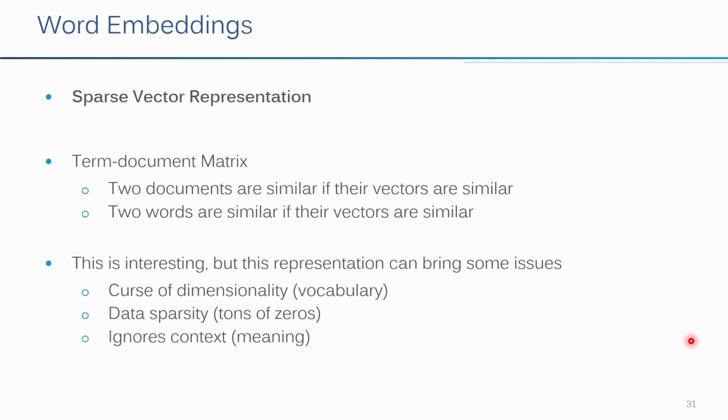In that representation, we already talked about these problems: the curse of dimensionality and the sparsity. We also didn't mention this that much, but it does ignore the context. It doesn't matter how far or how close words are happening in our text. Early approaches for dense word embeddings do take the context into account, but not in the sense of distance.